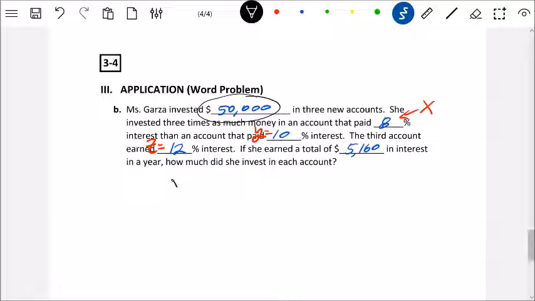So my first equation says that the amount of money in X plus the amount of money in Y plus the amount of money in Z equals that total of 50,000 that she invested. That's an easy first one. Then we look at the amount of interest. I'll say the amount of interest earned is 5,160.